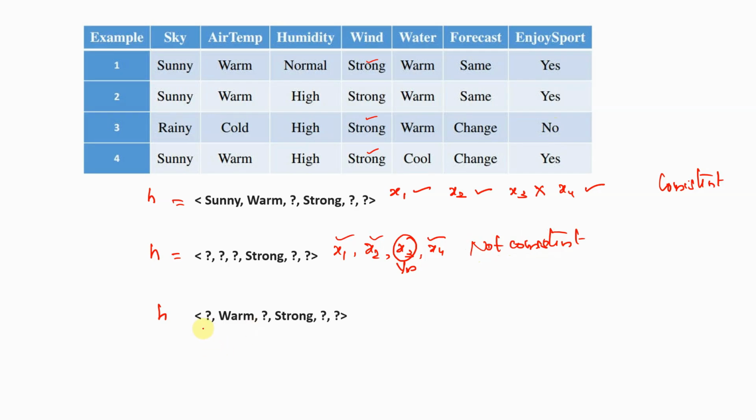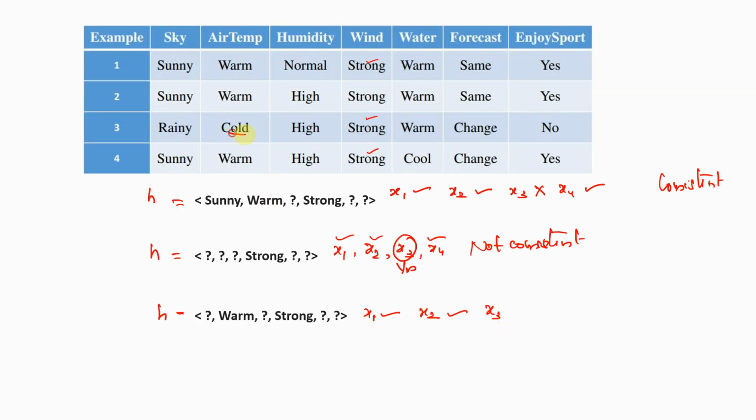And now you see here the last hypothesis. So we have question mark and then we pass x1. So first one is question mark, warm, question mark, strong, warm. So it will pass. x2, we have the question mark, warm, high, strong, warm, same. Good. So x3, we have question mark.